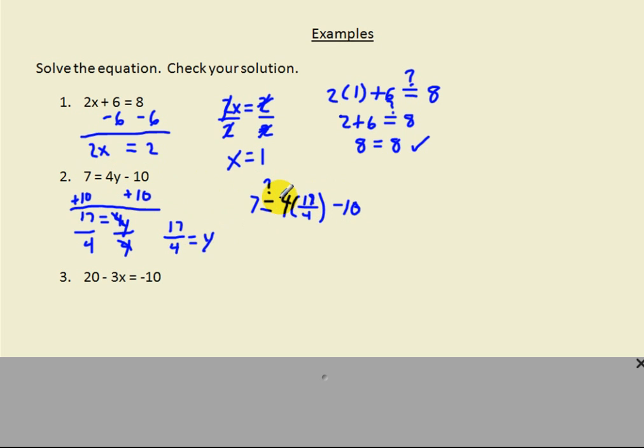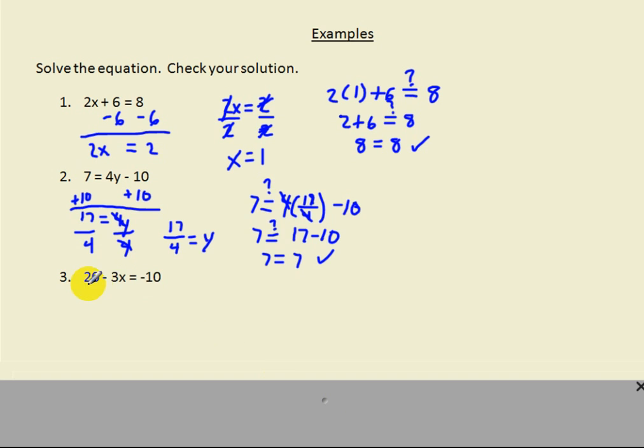Alright, so when we multiply 4 times 17 fourths, this 4 will cancel this 4, and we're going to have just 17 here minus 10, and 7 does indeed equal 17 minus 10 is 7. So again, it checks.